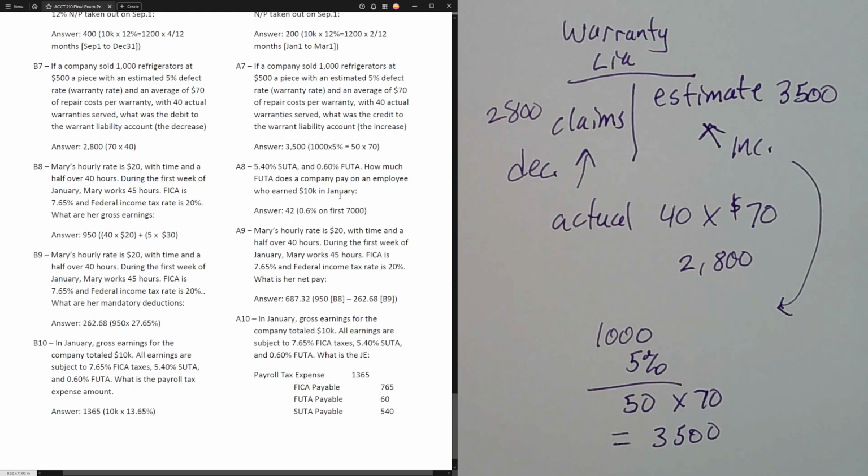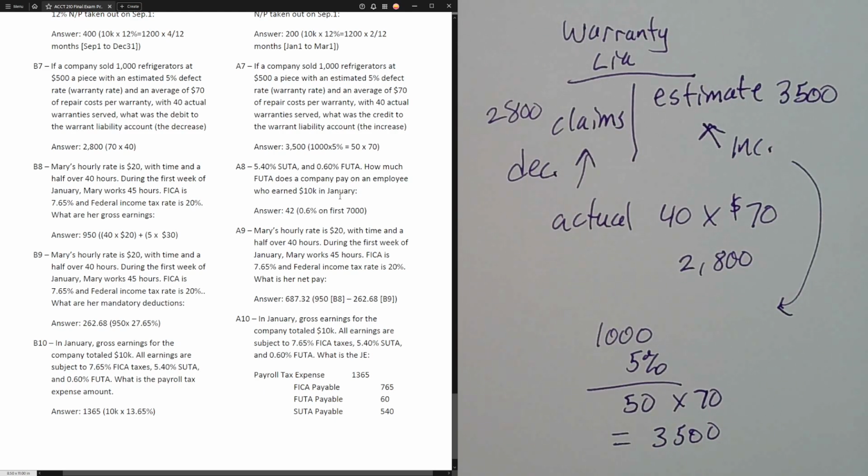If I look at B10, in January, gross earnings for the company total $10,000. So this is asking from the company's point of view. Let me actually back up and look at A8. No, I guess all of those are kind of the same. So B10, all earnings are subject to 7.65% FICA, 5% SUTA, and 6% FUTA. What is the payroll tax amount?